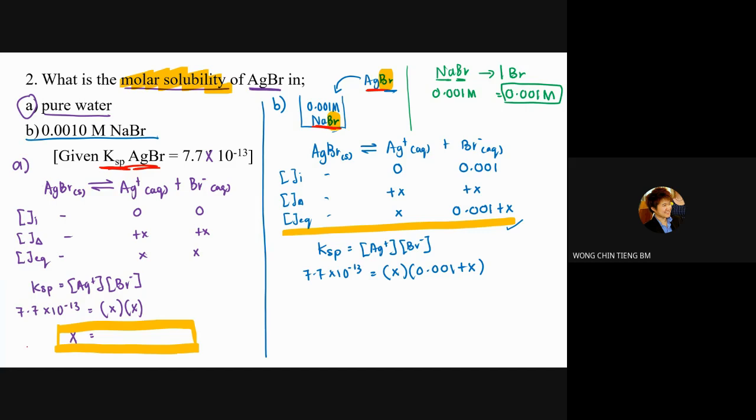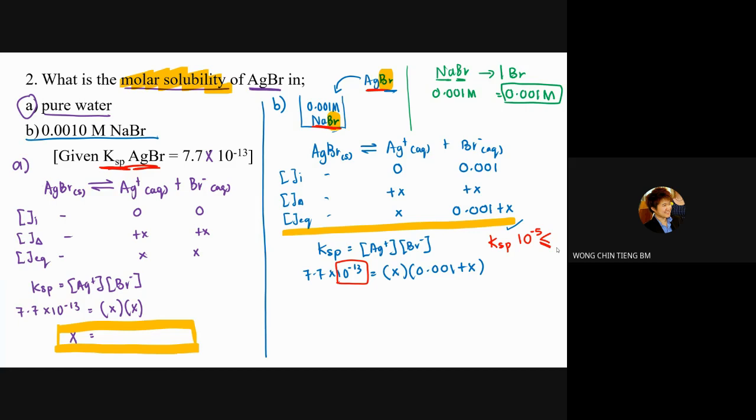Nampak tak I want to make your life easy and we are going to skip the quadratic. It will be exactly the same like your Ka, Kb. When you're 10 to the power of negative 3, bila dia adalah KSP, 10 kuasa negatif 5 dan lebih kecil. Bila KSP adalah 10 kuasa negatif 5 dan lebih kecil, bermakna 10 kuasa negatif 6, negatif 7, negatif 8 and so on.